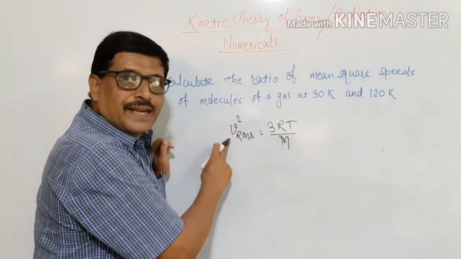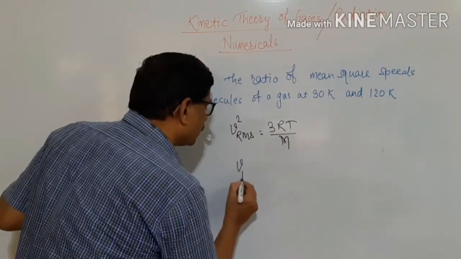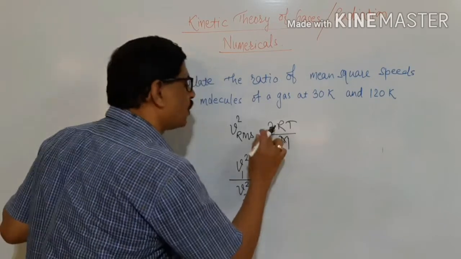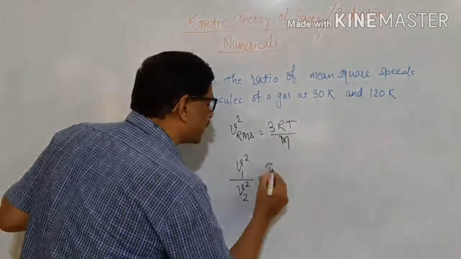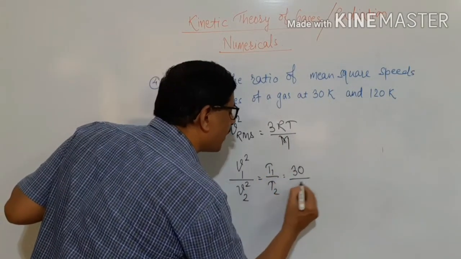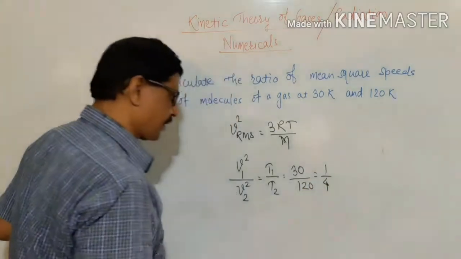The mean square speed is directly proportional to absolute temperature, and therefore V1 square divided by V2 square should be equal to 3R by capital M, which is constant. Therefore, it is T1 divided by T2, that is 30 divided by 120, and it should be equal to 1 by 4.